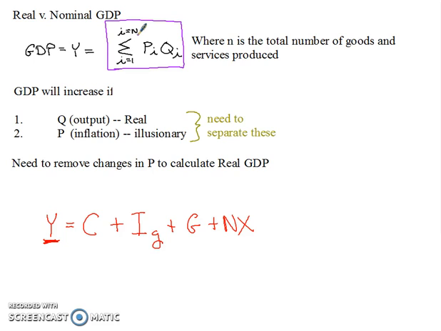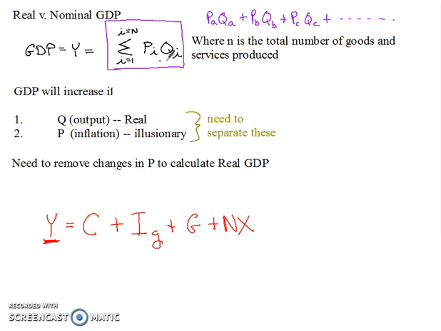So to review how we did this before, we said we would take the price of apples times the quantity of apples, and that would give us the market value of apples that were produced in society. And then we would add to that the price of bananas times the quantity of bananas plus the price of cars times the quantity of cars. And we would keep doing that for all the goods and services in society until we had done it for every good, added them all together, and that gave us the gross domestic product.